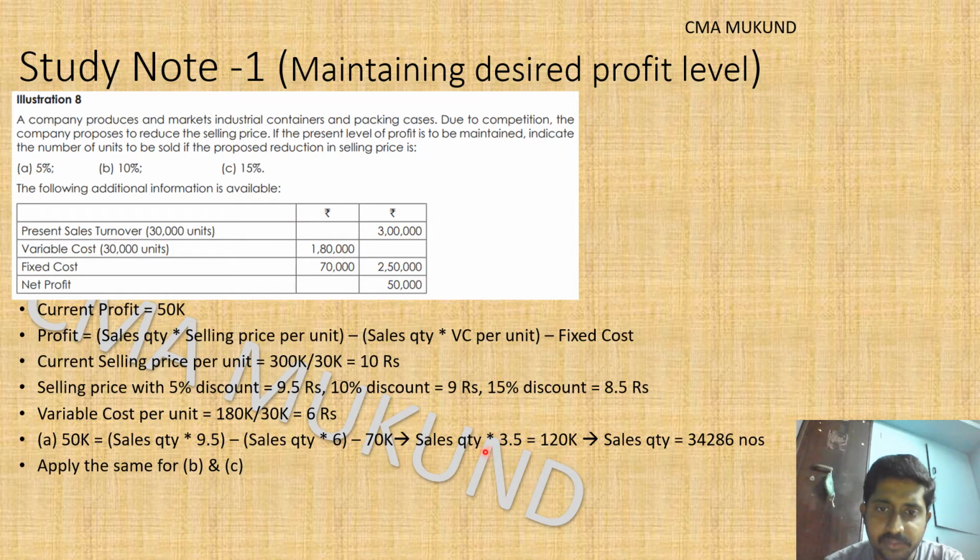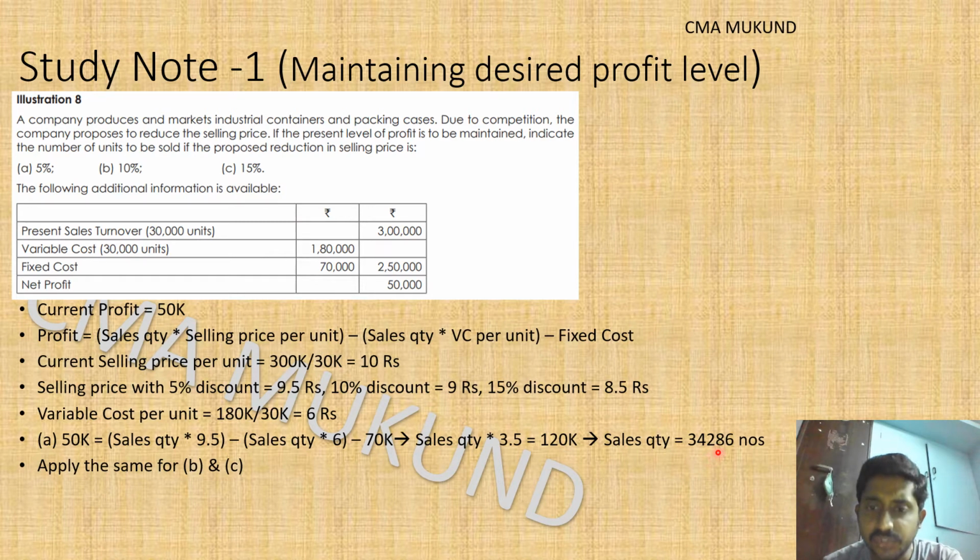So 3.5 times the sales quantity will become 70k, which goes from the right hand side to the left hand side, and it makes 120k on your right hand side. So the sales quantity will be 34,286 numbers. So if you sell 34,286 numbers, your profit will be 50,000, which is the same as the existing profit of 50,000 rupees, but you have to sell more.